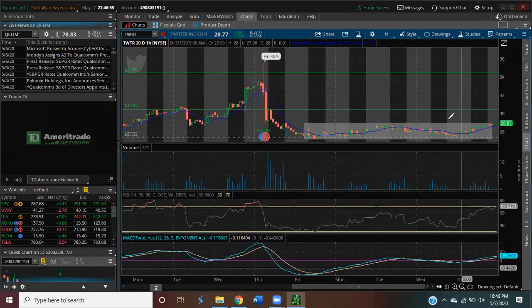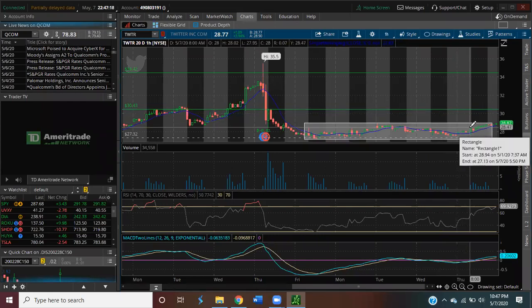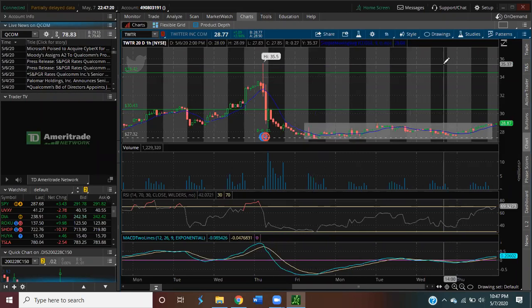So it breaks out of this range and goes to the next support or resistance. Is this line accurate? Yeah, it looks pretty accurate. 30.43. So that's where I expect it to go. Am I saying it's gonna hit there tomorrow? No, but I wouldn't be surprised if it did.